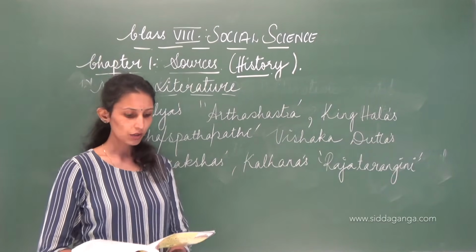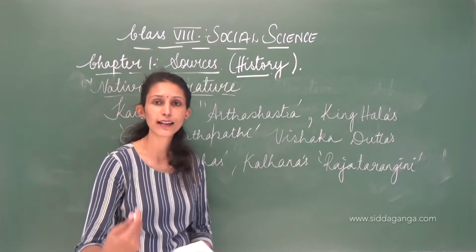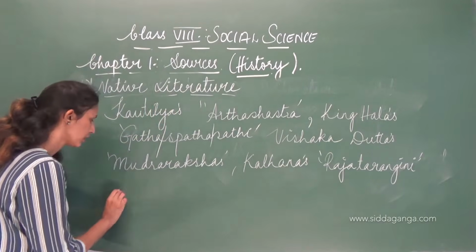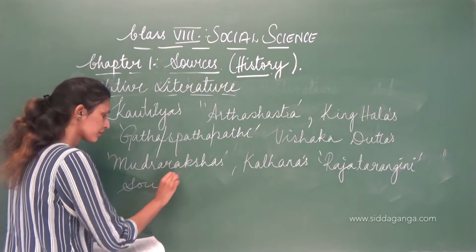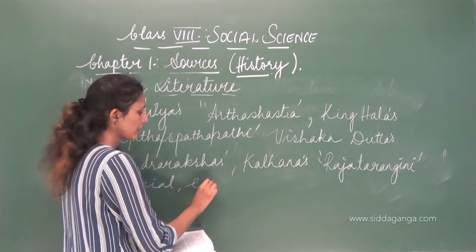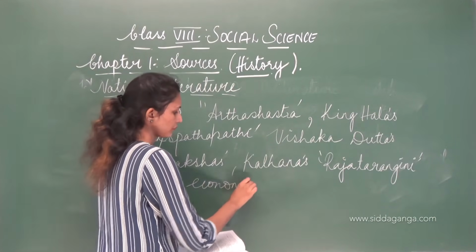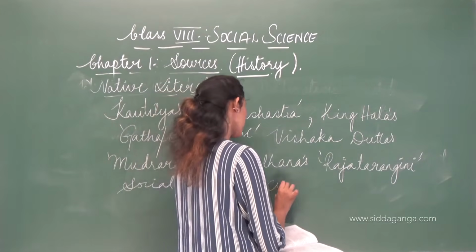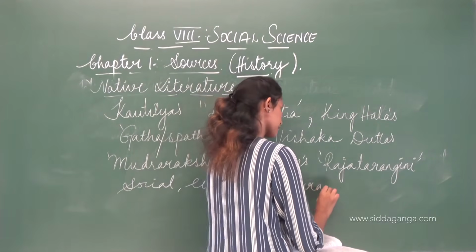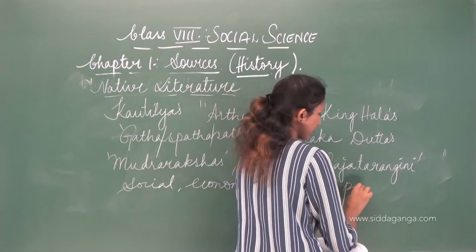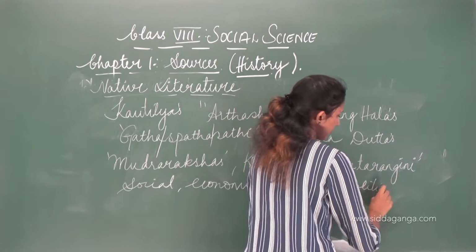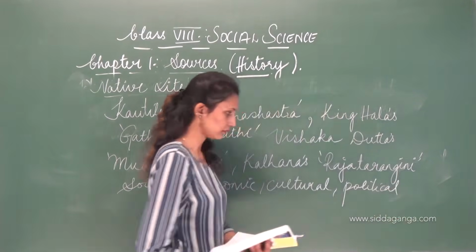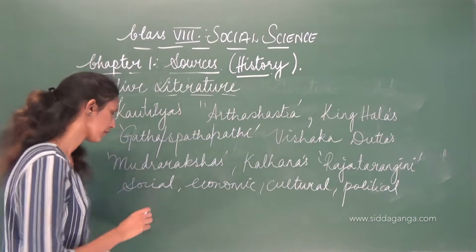Now, all these works that have been written, and a few that are still mentioned in your textbook, what did they tell us about? They told us about the social, economic, cultural, and political life of the people there.